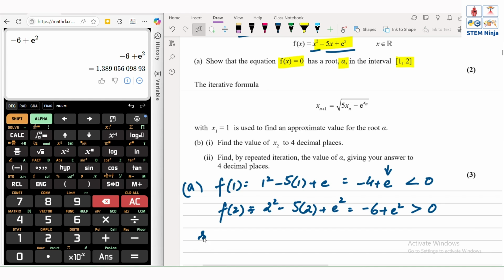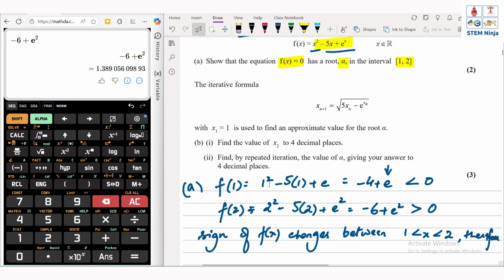So the sign of f of x changes between 1 to 2, therefore the root lies in this region.